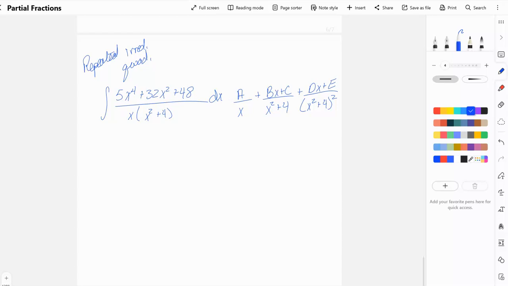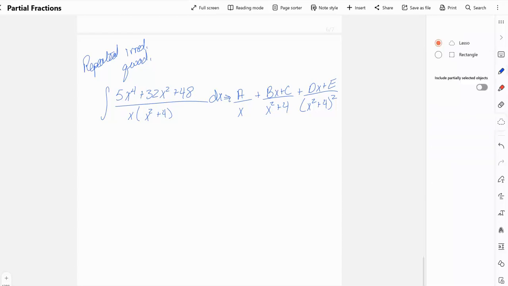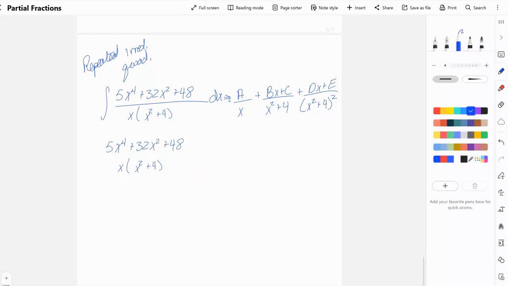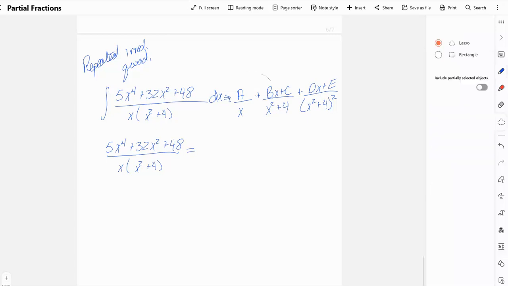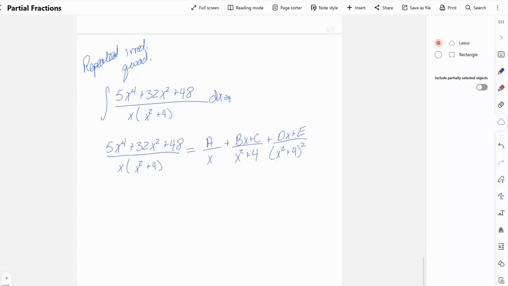So let me just draw an arrow here. And then I'm going to rewrite this called the guy is equal to this.